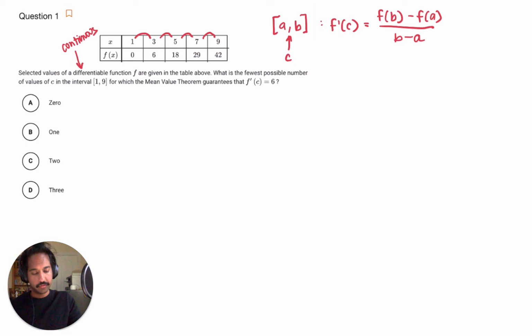Then the next intervals I see, I'm going to do these in blue, between 1 and 5, 3 and 7, 5 and 9. And then I see an interval, I'm going to do this in green, between 1 and 7, 3 and 9. And the final one, I'm going to do this in yellow, is between 1 and 9.